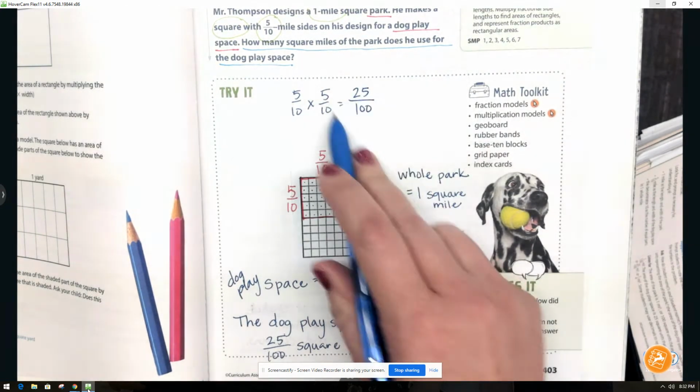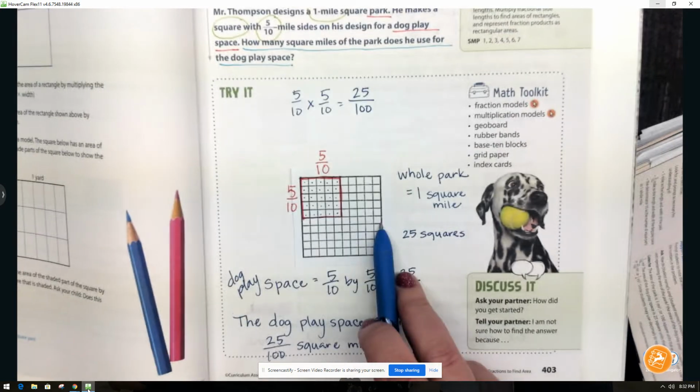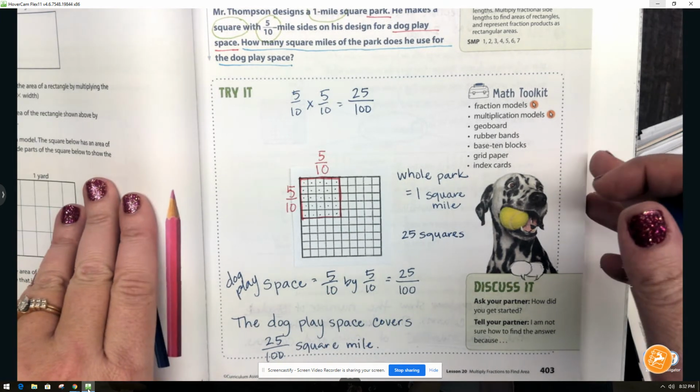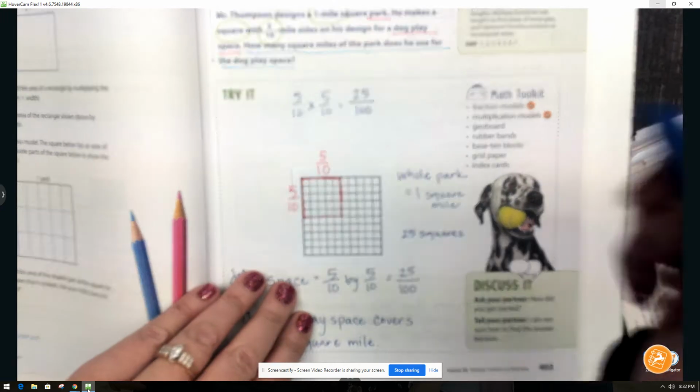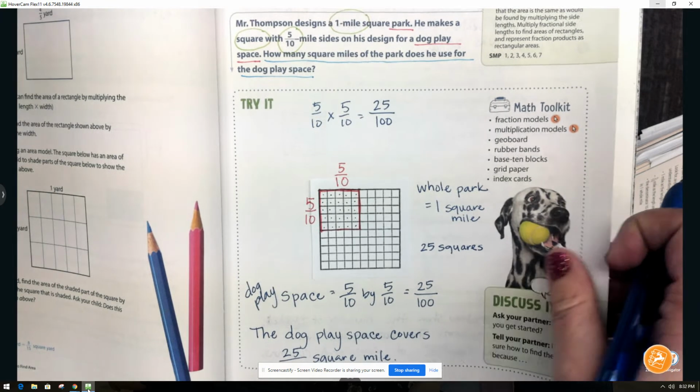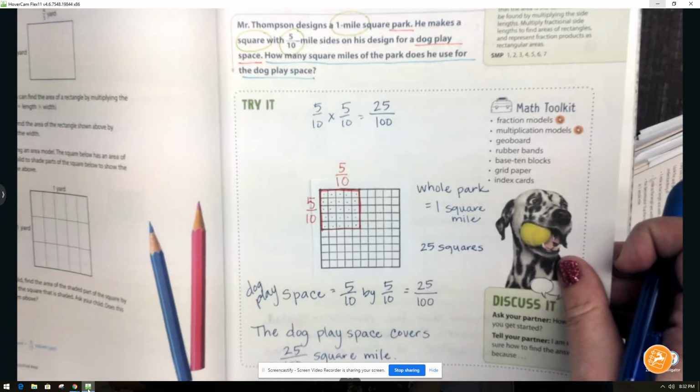Bam. So you get the same result, but here is a picture that represents the equation that we already know how to solve. So now, since you know how to solve the equation, you're going to spend the next few days learning how to draw the pictures that go along with the equation. Let's go ahead and go to the next page.